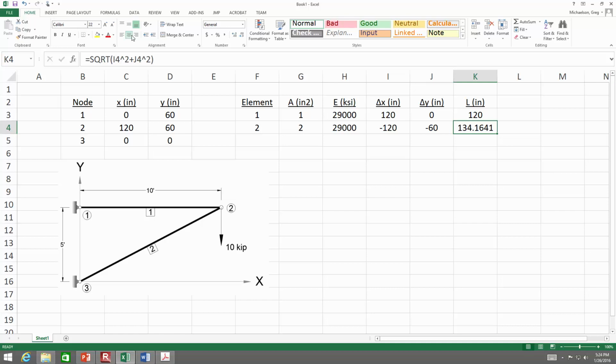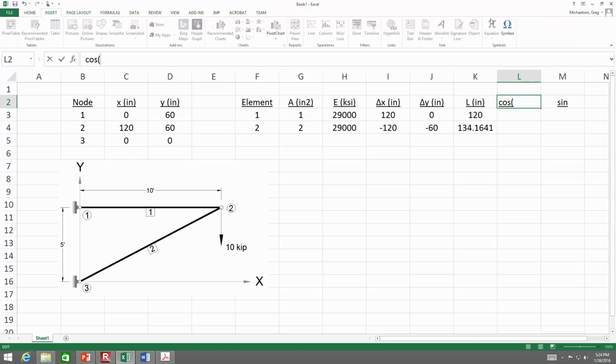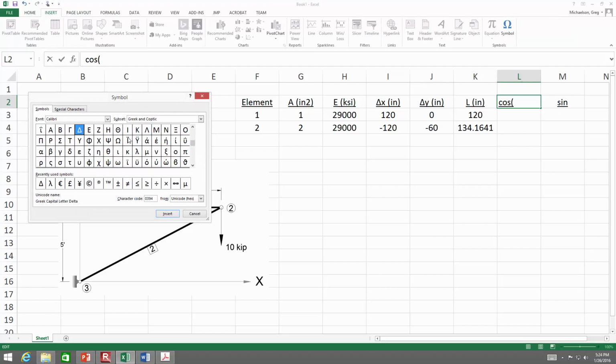Okay. Now, you all tell me, I've got the length of each member, right? How do I calculate the cosine, and I'll just say cosine and sine. Now my OCD is kicking in. I got to put the little theta symbol in there.